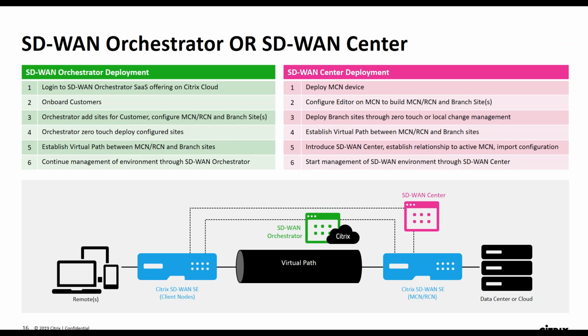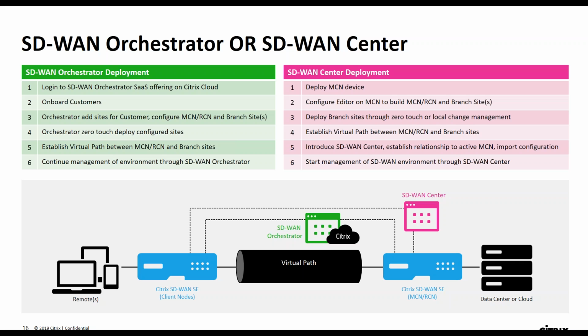Now, I did mention a little bit about the previous rendition of how we would deploy SD-WAN in an environment, and often we would be leveraging a tool later, after getting it up and running, called SD-WAN Center. SD-WAN Center is only on-prem.